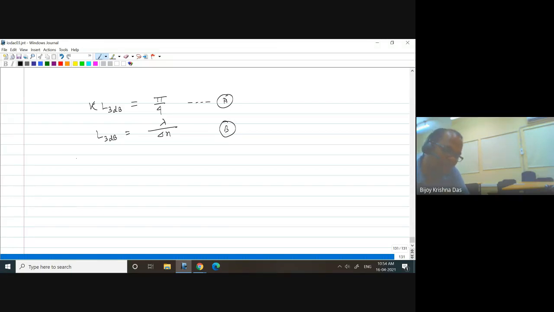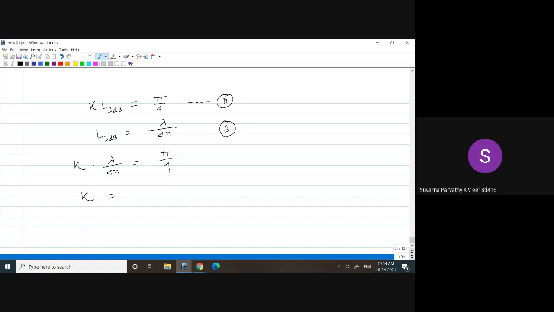So what you get is kappa times lambda by delta n equals pi by 4. What is the mistake here? L3 dB should be LC divided by 2, right?